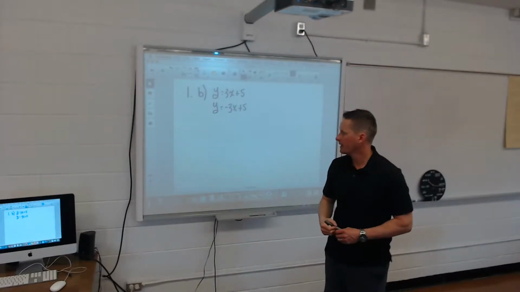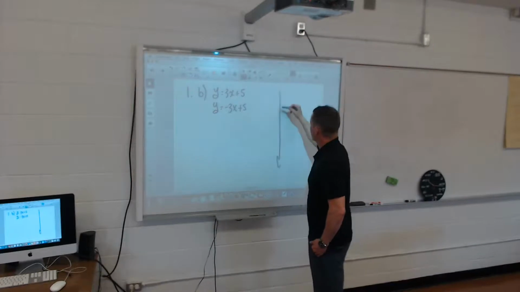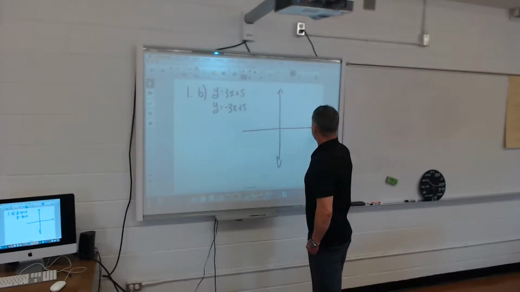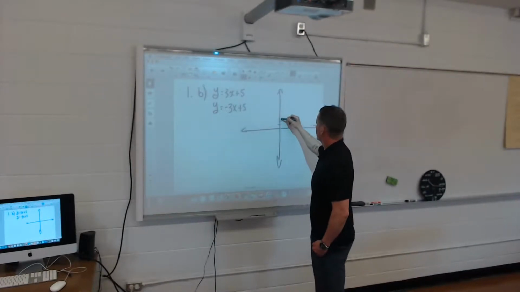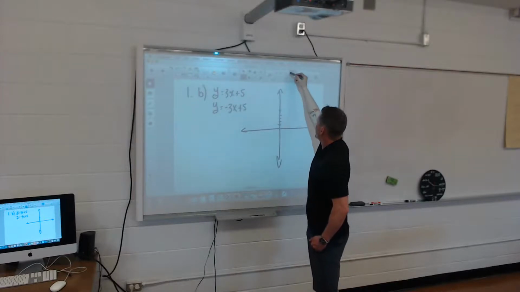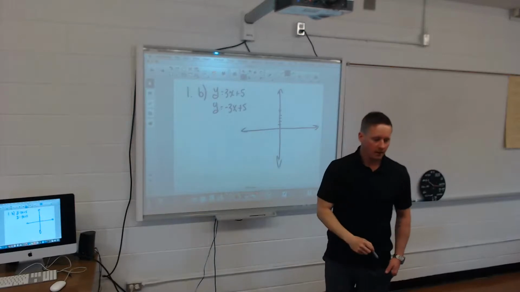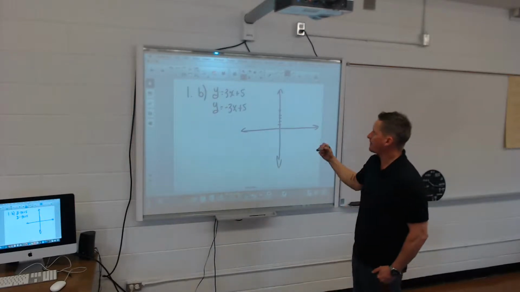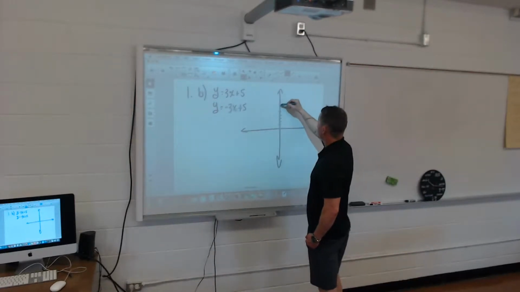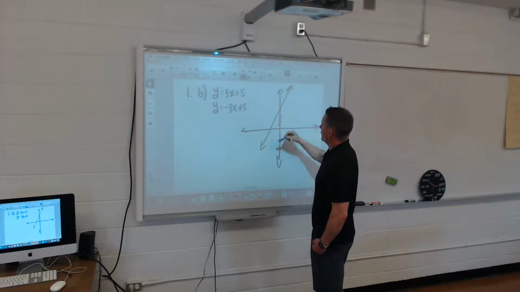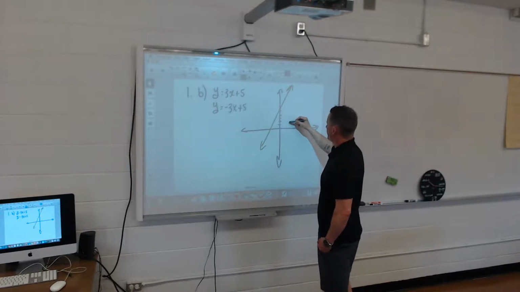They're the same. So they both start right here. They both start at 0 and 5. But one of them goes up 3 and right 1. And the other one goes down 3 and right 1.